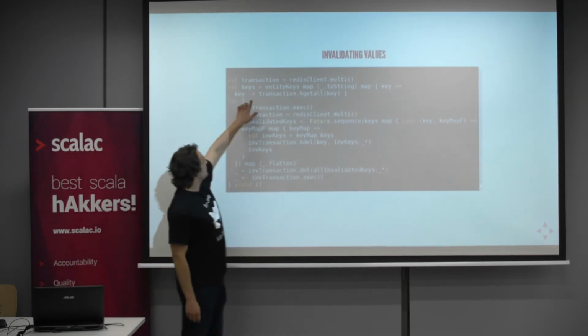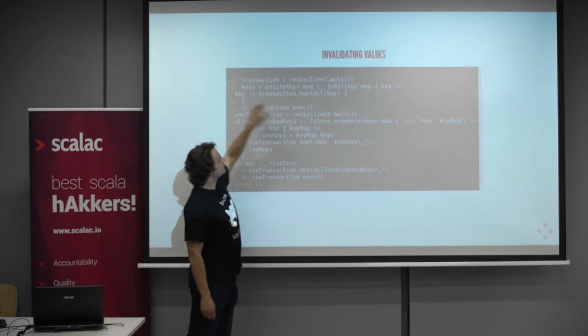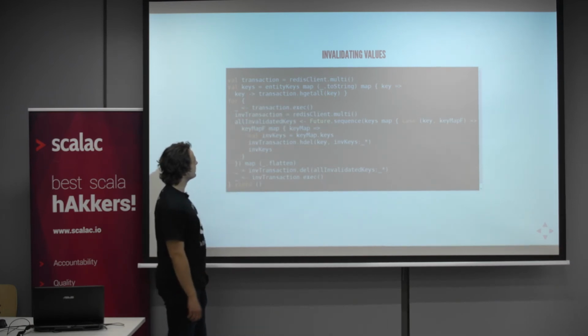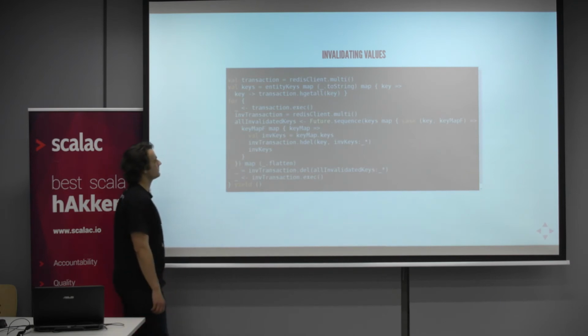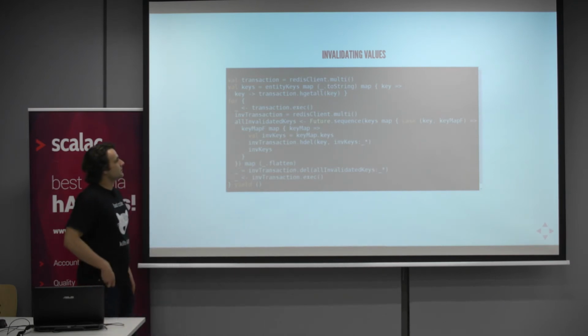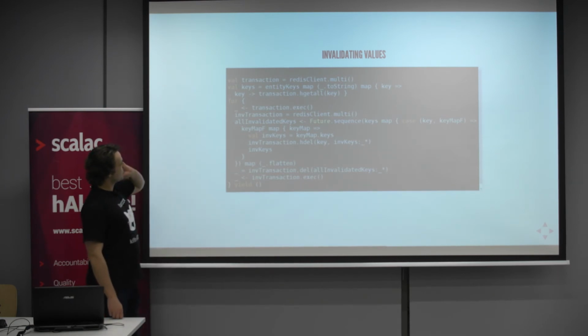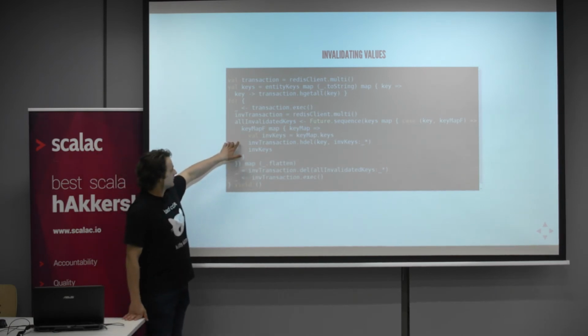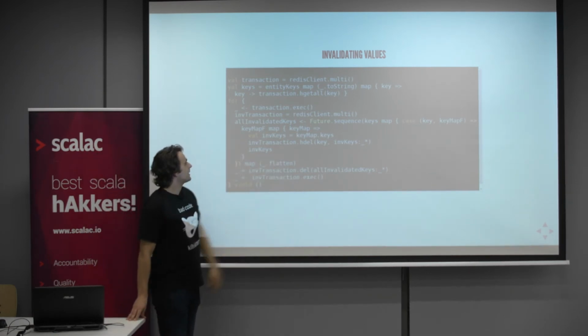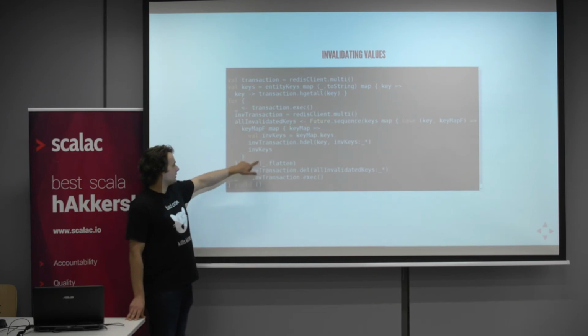So first we are retrieving the entity keys from the Redis. It will be a map of values related to those keys. When we got all those keys, we can first delete the cache, but we also return those keys.